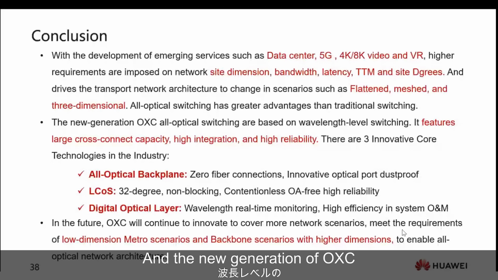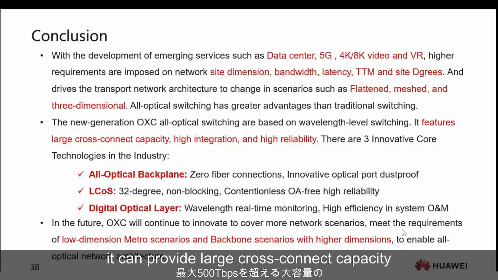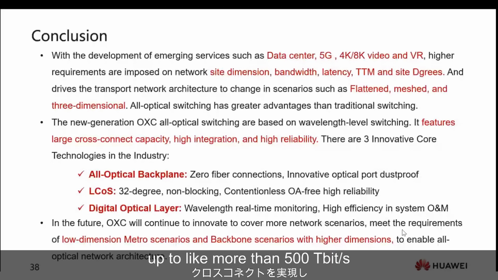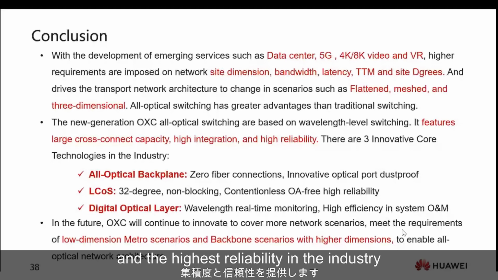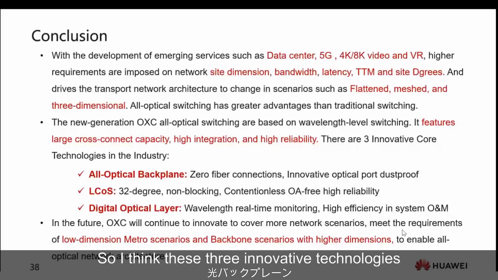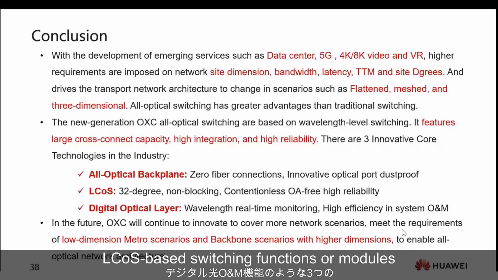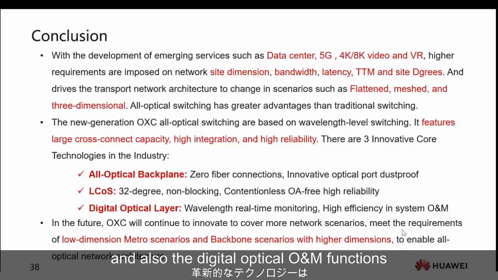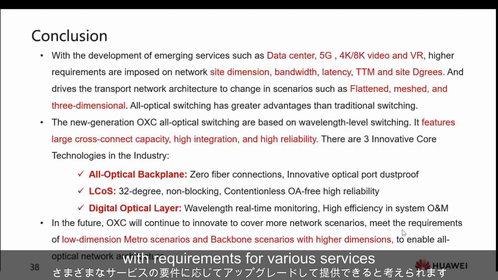The new generation OXC, based on wavelength level switching, can provide large cross-connect capacity of more than 500 terabit, and also the highest integration and the highest reliability in the industry. So I think these three innovative technologies, optical backplane, ICOS-based switching functions or modules, and digital optical OM functions, can help our customers upgrade their network for the requirements of various services.